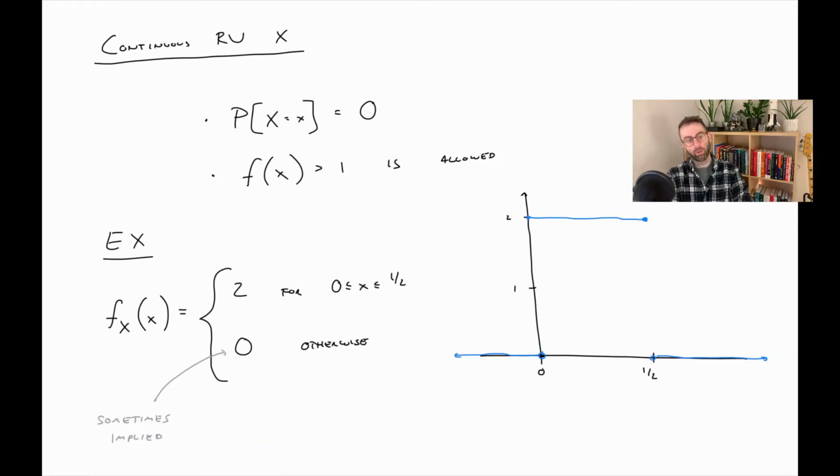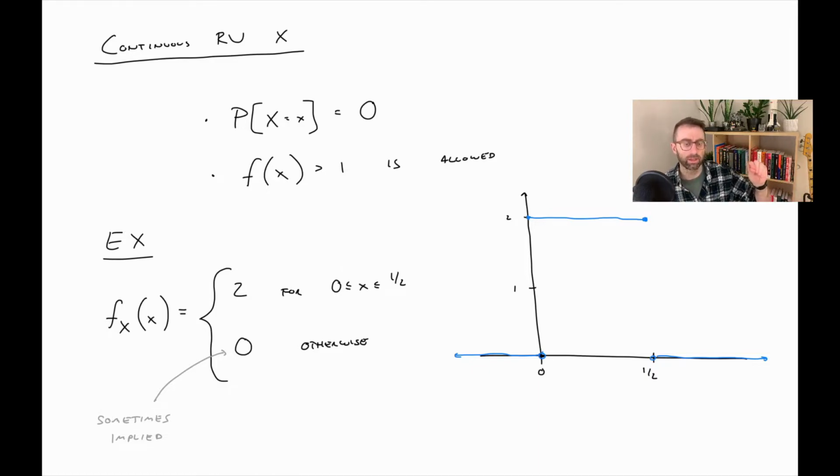So I wanted to point out just a couple things that sometimes are surprising to folks about a continuous random variable. One is that the probability that it takes a particular value is exactly 0, and then 2, densities can be above 1. So for example, here we have a very simple probability density function. It takes the value 2 anywhere between 0 and 0.5, and then otherwise it's 0.